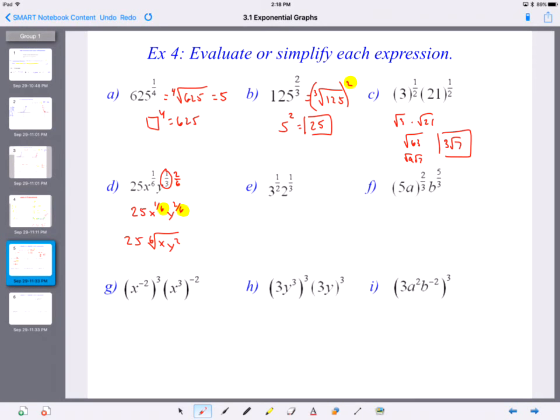Okay. Try the same thing on e. Find a common denominator there. So it'd be 6 on this one. So it'd be 3 to the 3/6 times 2 to the 2/6. You multiply these both by 2 to get the 6 on bottom. So when we simplify that, we'll have the 6th root of 3 to the 3rd times 2 to the 2nd.